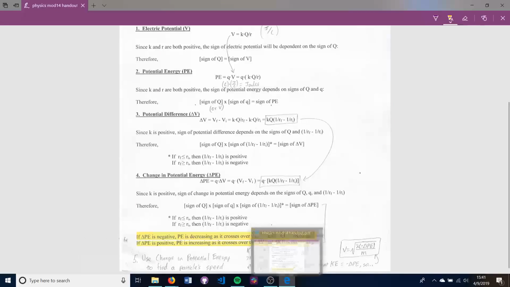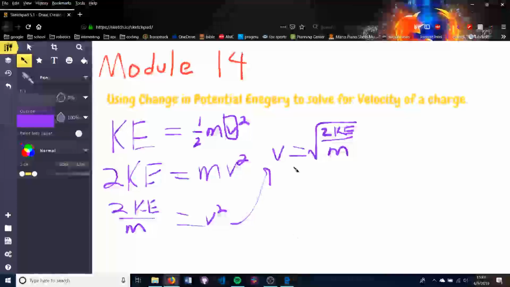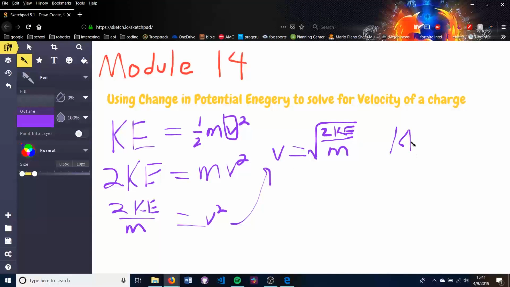And so we can see that kinetic energy is equal to the opposite of the change in potential energy. And I can symbolize that like so.